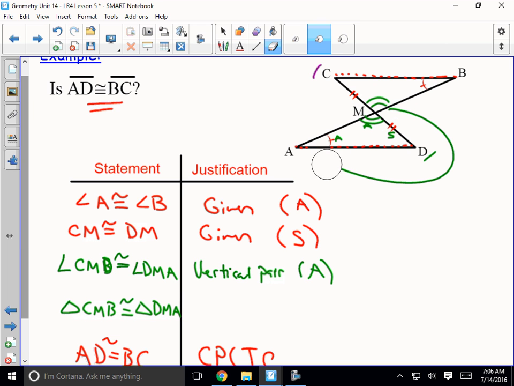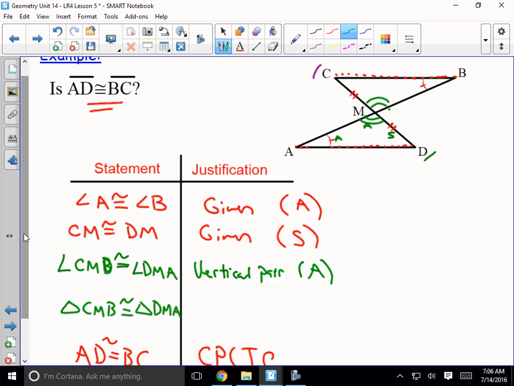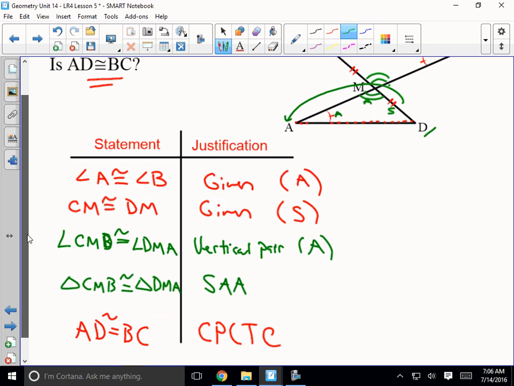I can't do that. So I can't go in that direction to name this triangle, but I can go side, angle, and to this angle because I'm only skipping one side. So the reason that these are congruent is not ASA, but it's SAA or AAS. Either one of those.